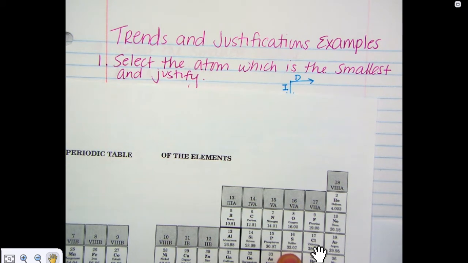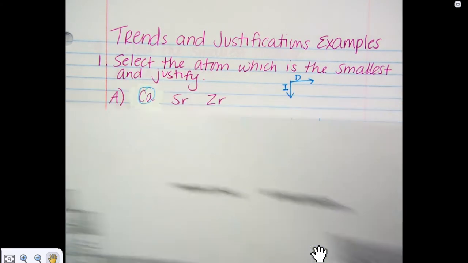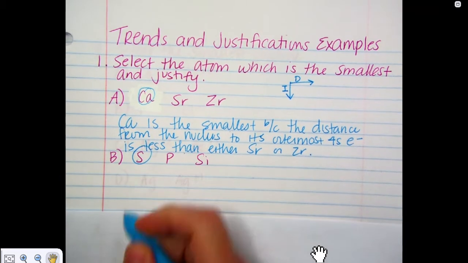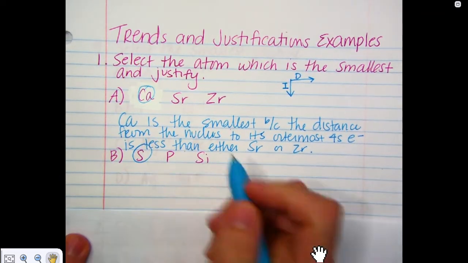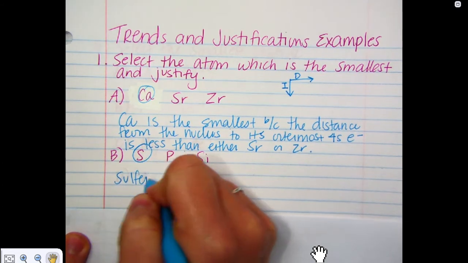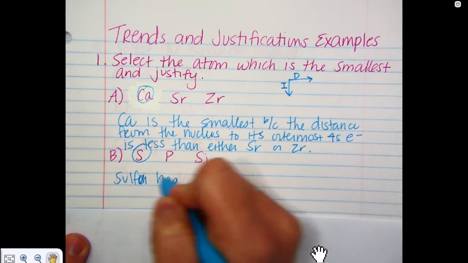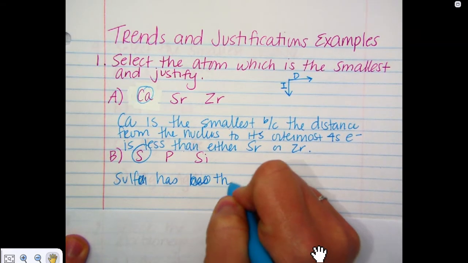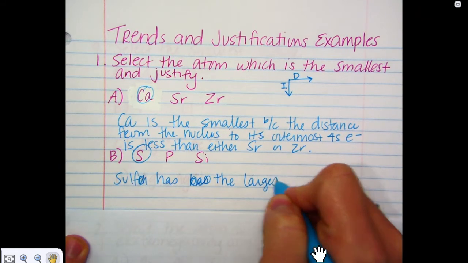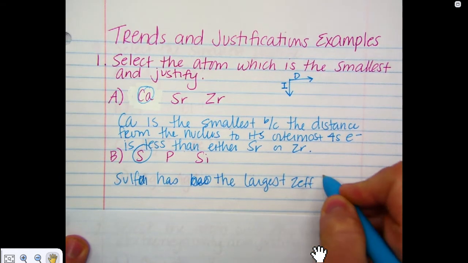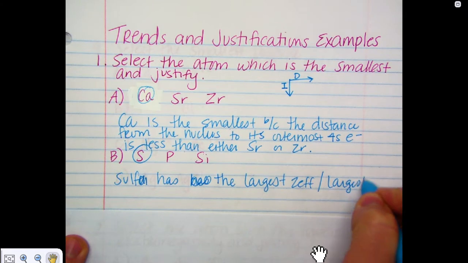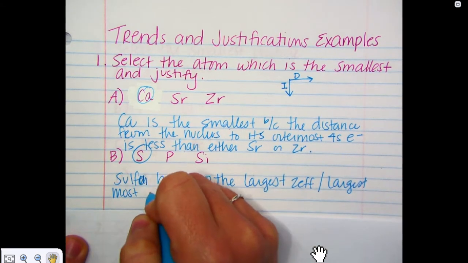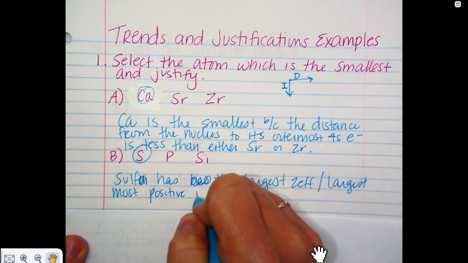Then we need to justify it. Well, this is a left and right choice. With a left and right choice, the only justification I can use is Zeff. So sulfur is small, and we need to use Zeff to explain it. Sulfur has the largest Zeff, or you could also say the largest, most positive nucleus.